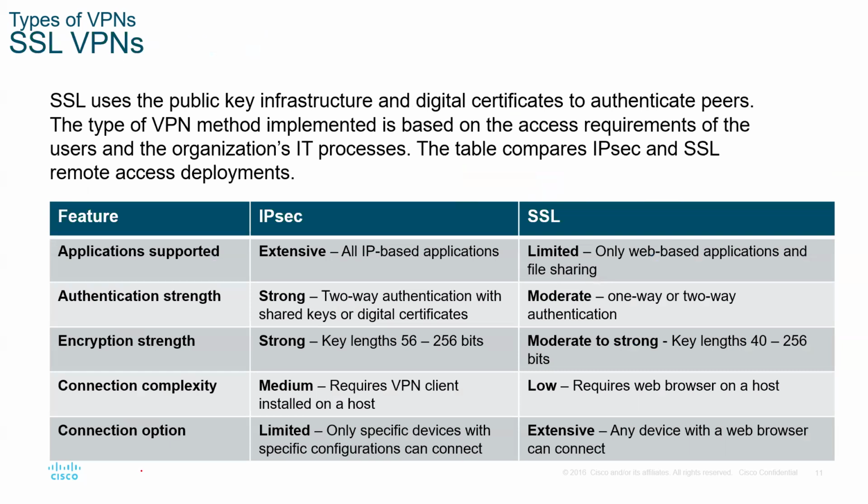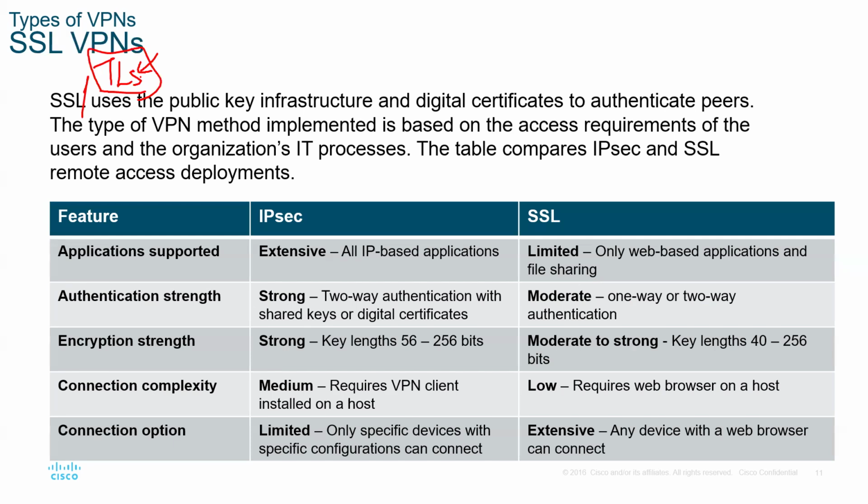Then, to end, SSL VPNs. When we talk of SSL, or TLS, transport layer security, it used to be called SSL. They're saying it uses public key infrastructure and digital certificates to authenticate peers. The VPN implemented is based on access requirements. The table compares IPsec and SSL: applications, strength, encryption, complexity.